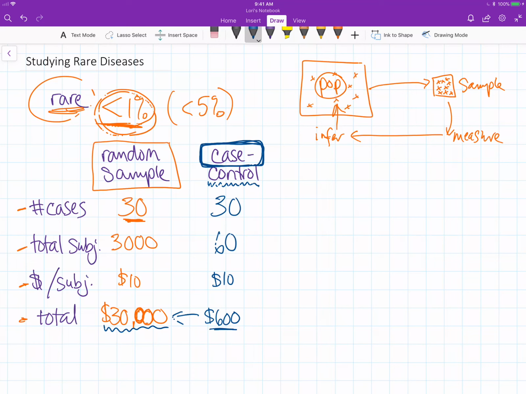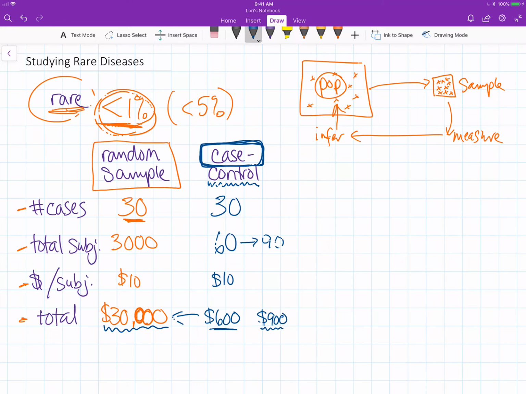However, a lot of people can come up with $600 to study something, either funds from their institution or some kind of a little micro grant. So even if we were to have 2 controls for every case, we would still only have 90 people. So that would be more like $900.